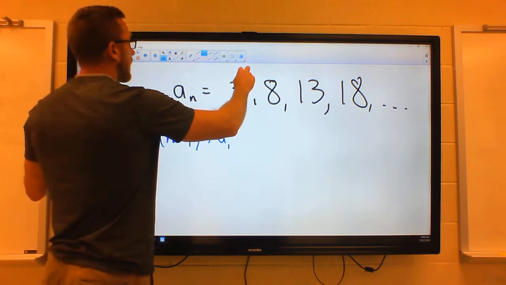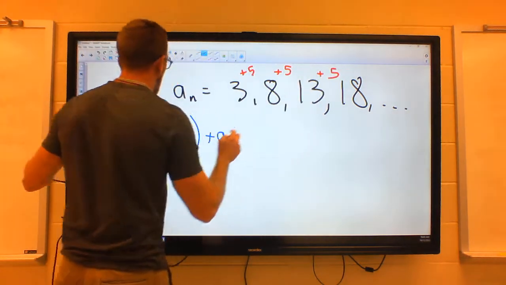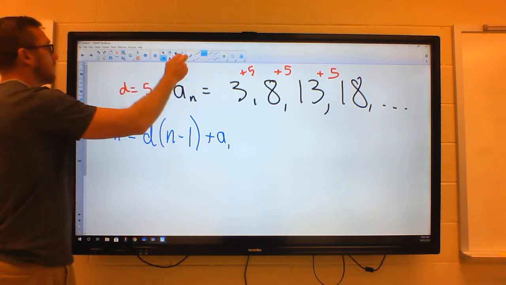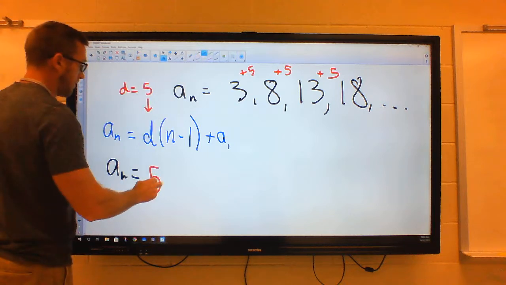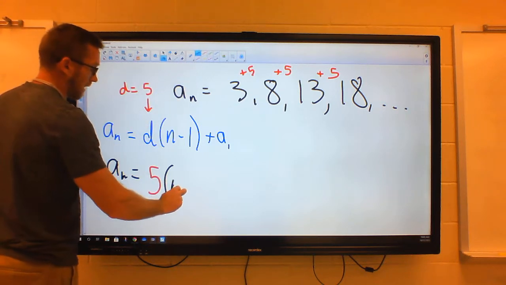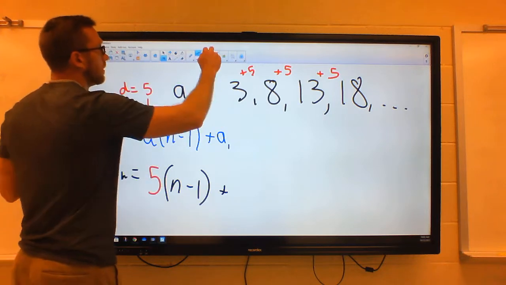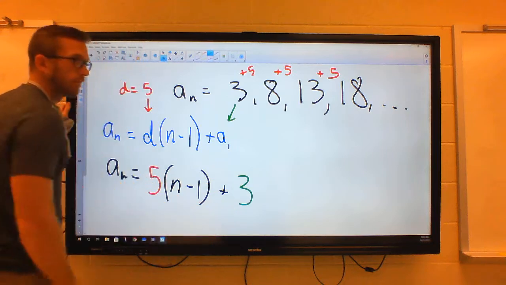Okay, so first I have to find what our common difference is. And it looks like every time I'm adding 5. So d equals 5. So an equals 5 times n minus 1, that's always there, plus my first term, 3.